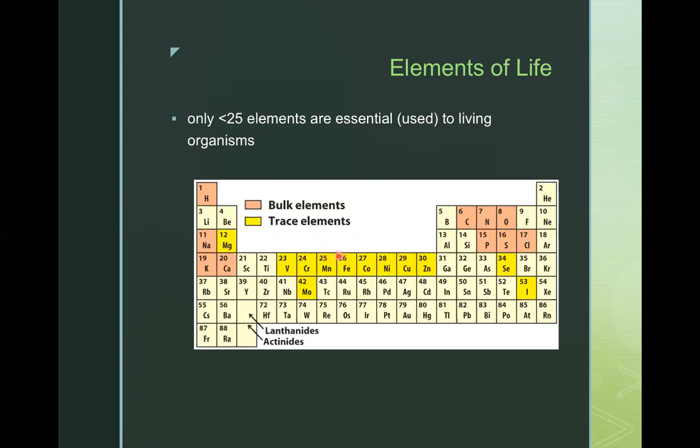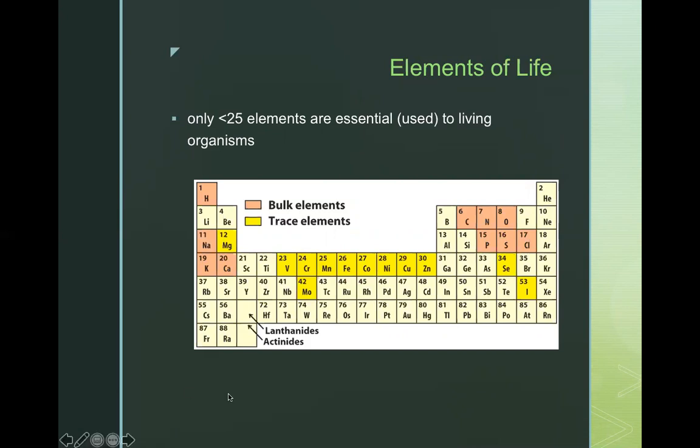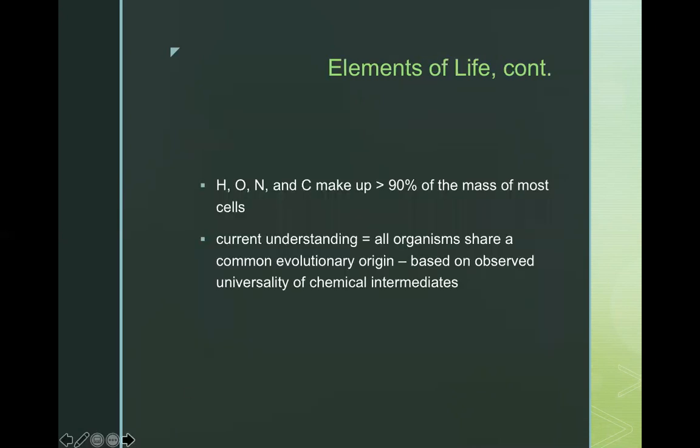That iron here is one of our trace elements that we need. We're more familiar with that probably than most of the other trace elements that we are accustomed to seeing here. Okay, hydrogen, oxygen, nitrogen, and carbon make up greater than 90% of the mass of most cells.